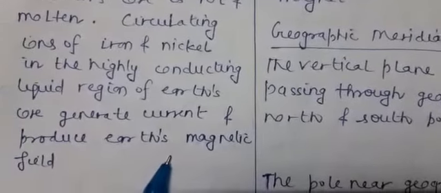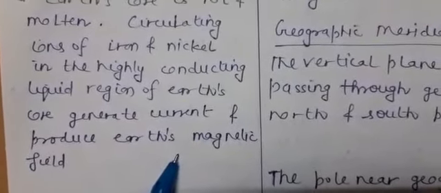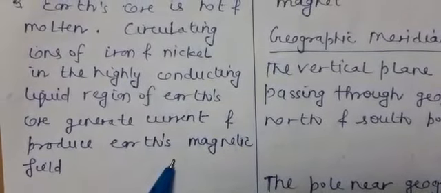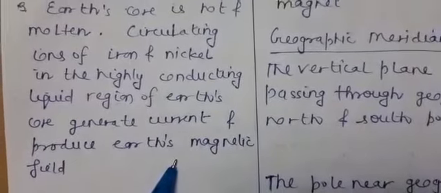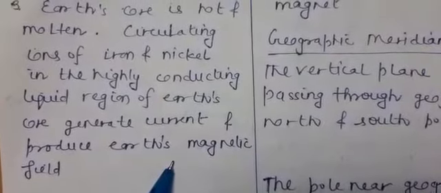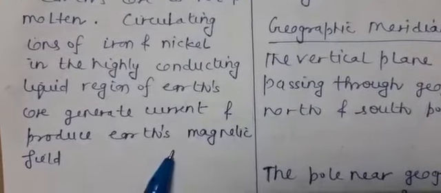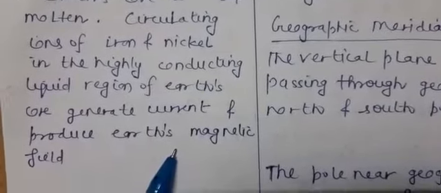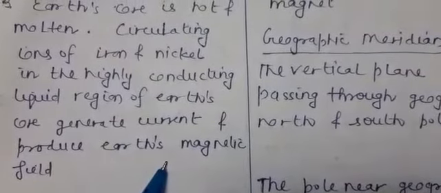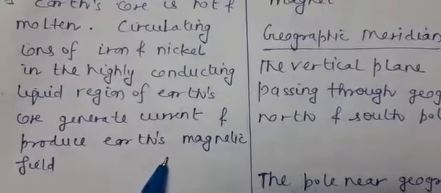So basically in all three points, whether the gases are present, whether molten hot ions of iron and nickel are present, whether Earth is rotating about its axis, it means whatever atom is present, it consists of charged particles and it will rotate about its axis, leading to current, which will produce a magnetic field. So these are the causes of Earth magnetism.